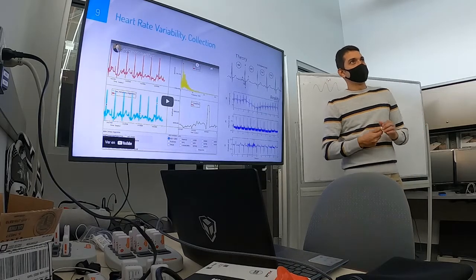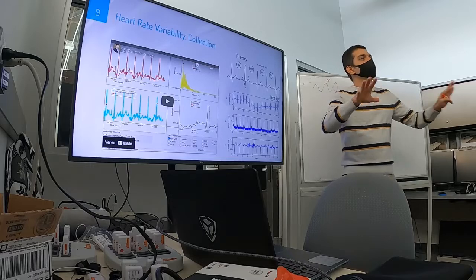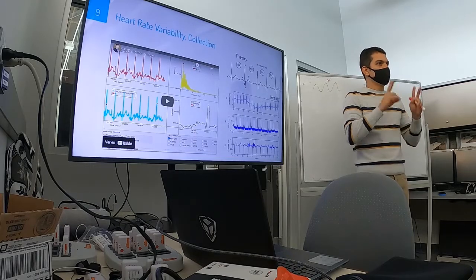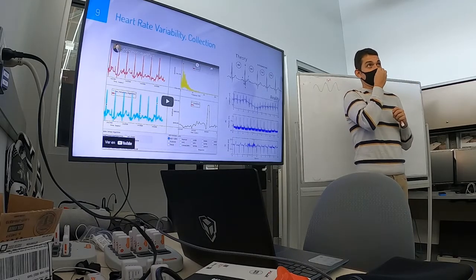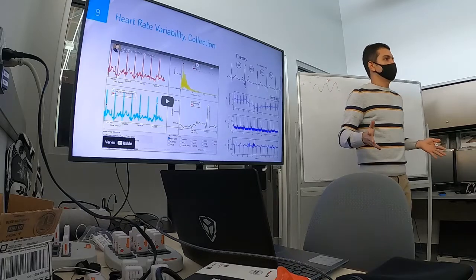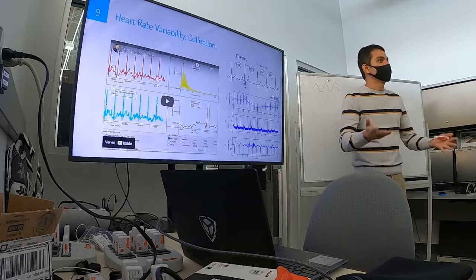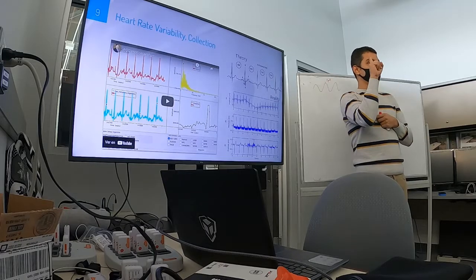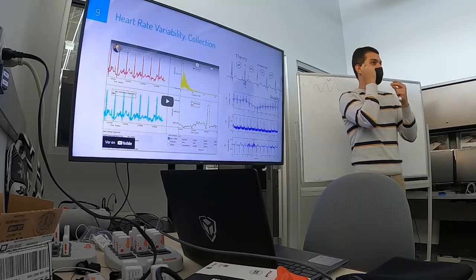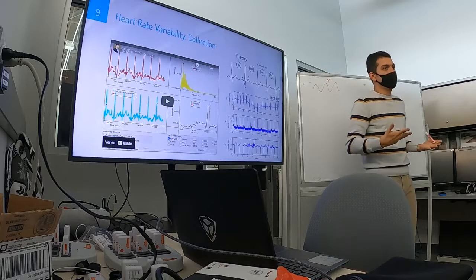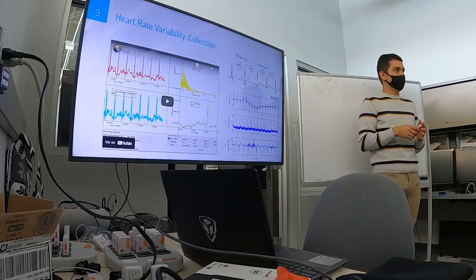Yeah, again, they're two different techniques for getting the same type of information. ECG is way more clinical, way more accurate. But the PPG one is less intrusive. So you can use it over here, you can use it over here, I've seen people using it in many parts of the body, and you can also collect the oxygen saturation.